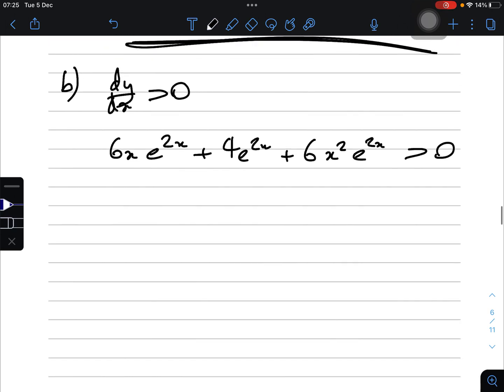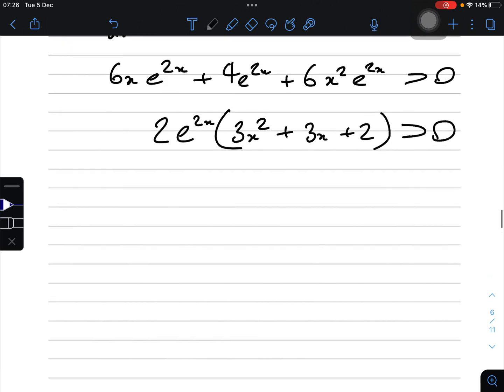So we can factor out e to the 2x here, and then what we're left with on the inside of the bracket is 6x squared. In fact, we can factorize out 2 as well here. So we're left with 3x squared plus 3x plus 2. And we now need that to be greater than 0. Okay, well, let's treat these individually. So if I just look at this here, that's always going to be positive.